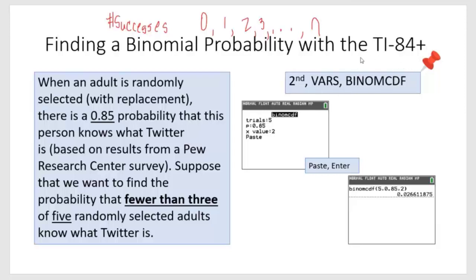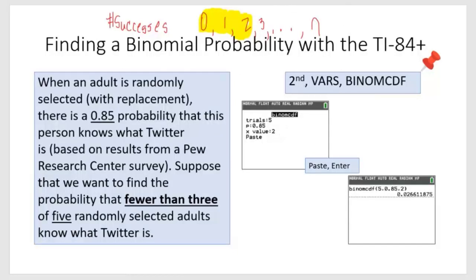The calculator is programmed to add these successes from the left. So fewer than 3, if I want fewer than 3 successes, then what I'm really wanting is the probability of 0, 1, or 2. Since the calculator is programmed to add from the left, it is going to stop at the value you give it. So this is relatively small here, but that's why there is a 2 listed as my x value.